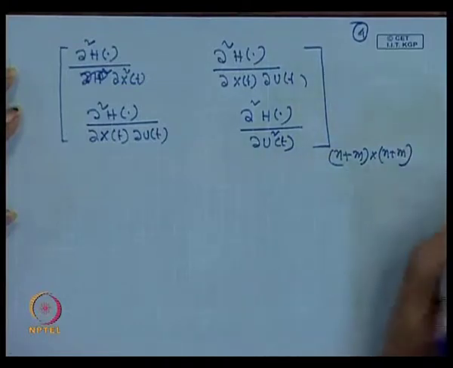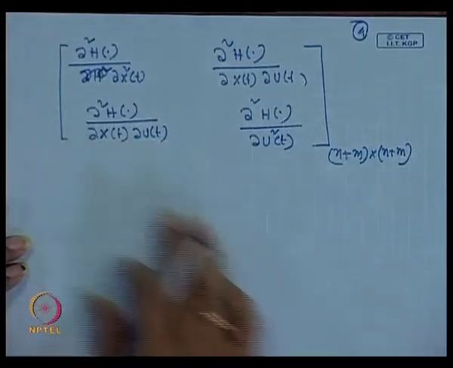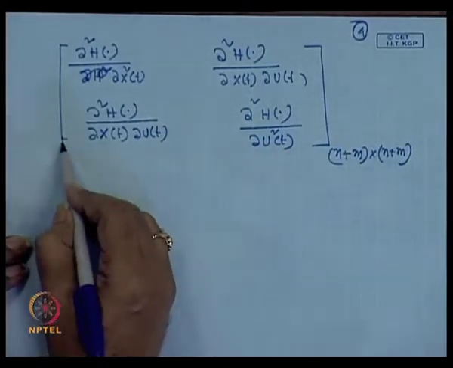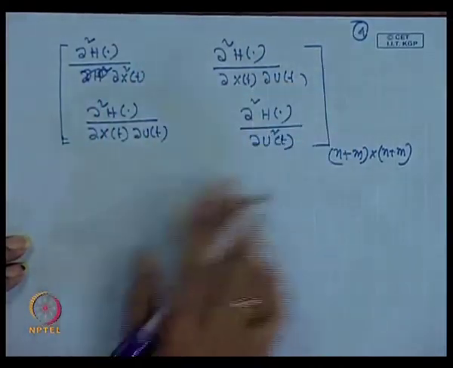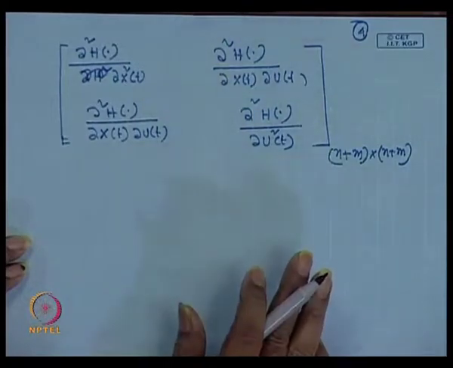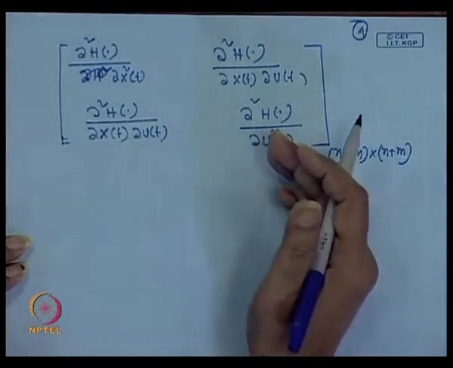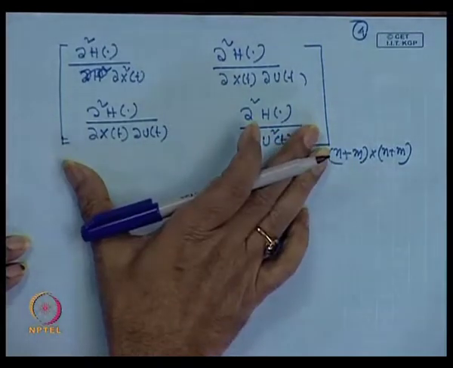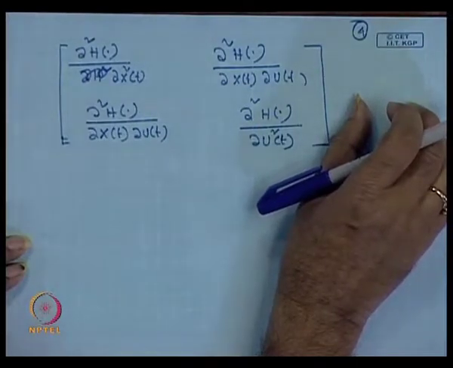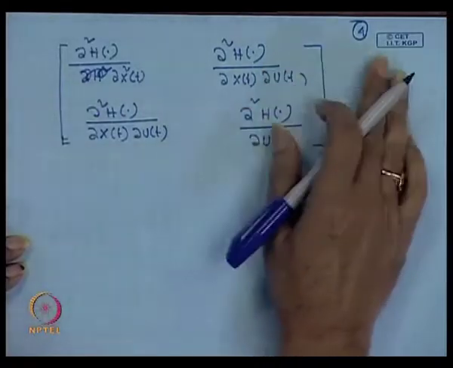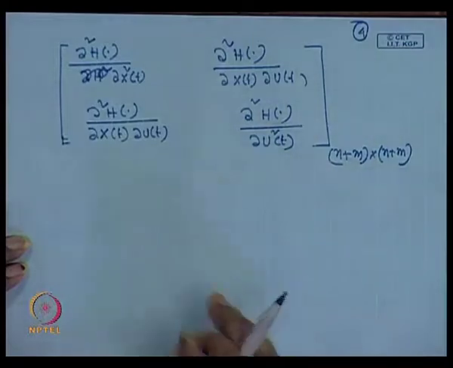That is a symmetric matrix, and we have to check whether it gives the sufficiency condition, which tells whether it is a maximum or minimum. If this matrix is positive definite, then we will get the minimum value of the function. If this matrix is negative definite, then we will get the maximum value of the function.